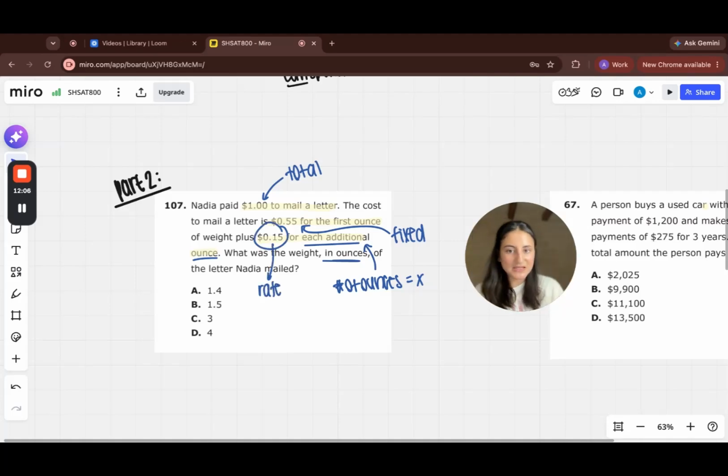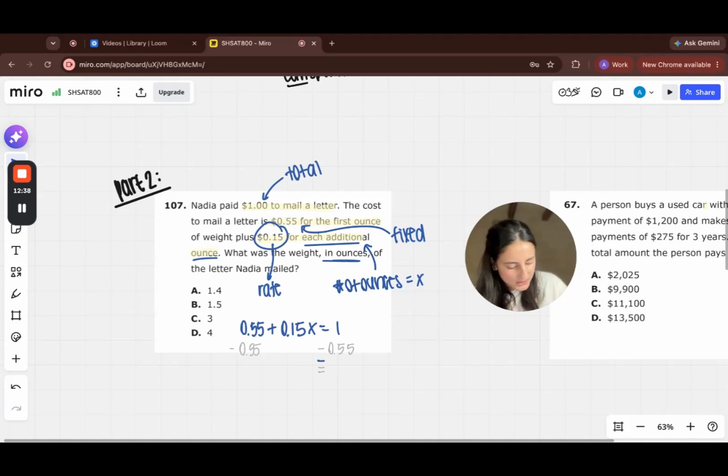So I'm going to set up the equation with the fixed, so 55 cents plus 15 cents times x is equal to $1. Okay, great. And then from there, we're just going to go ahead and start solving. So we're going to simplify and isolate x. We first start with the constant, subtract 55 cents from both sides.